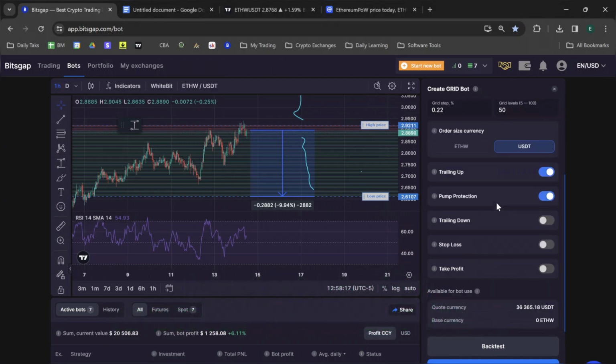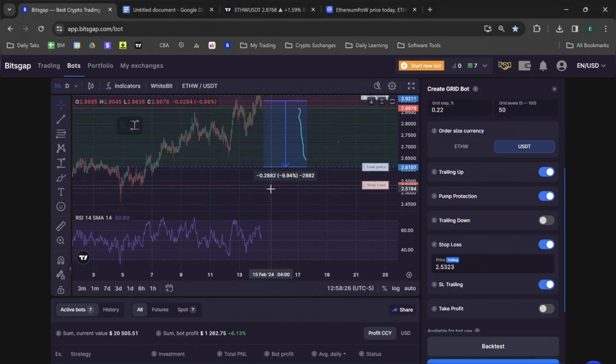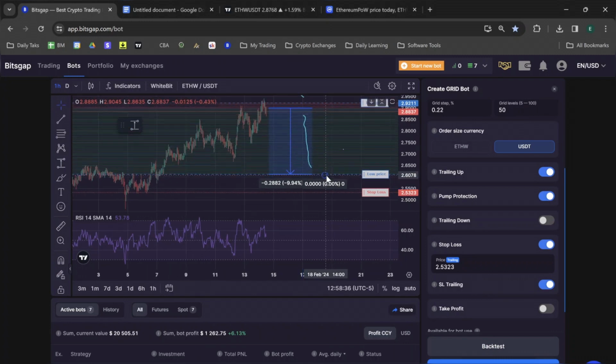Okay, so trailing up on, pump protection on, trailing down off, and stop loss on. We're gonna activate it 5% lower than current market price. We're gonna activate the stop loss 5% lower than the low price.